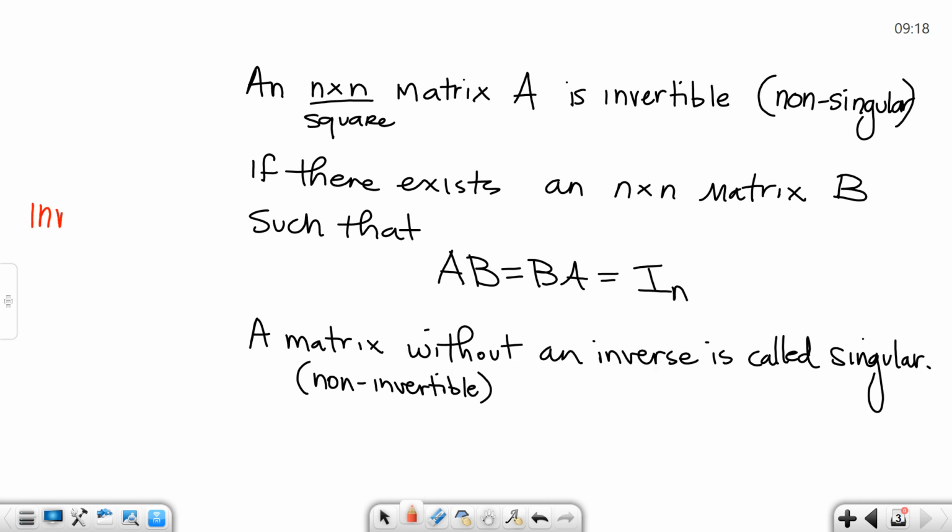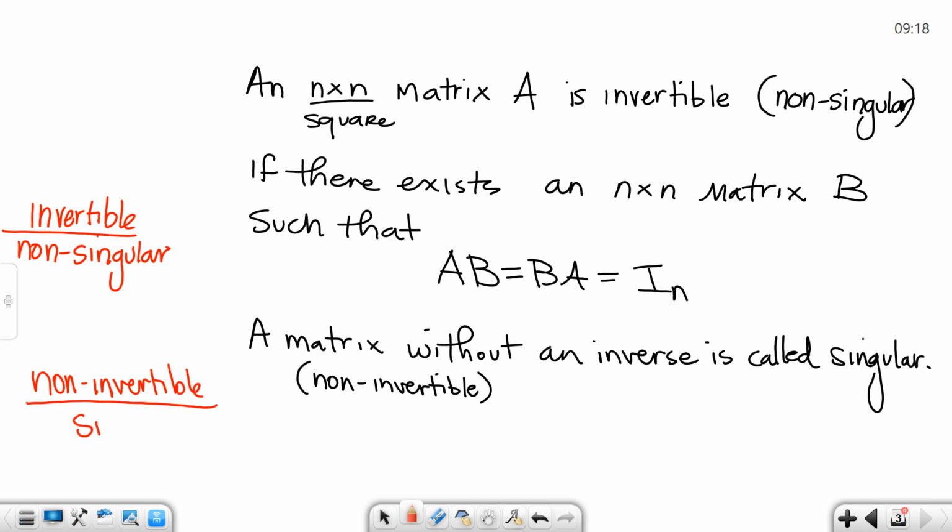Invertible means it has an inverse. And if it has an inverse, it's called non-singular. Non-invertible means it does not have an inverse. And if it does not have an inverse, it is called singular.